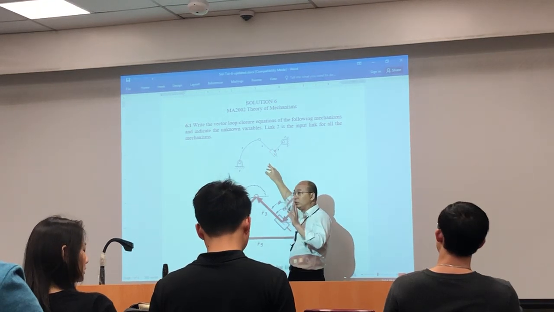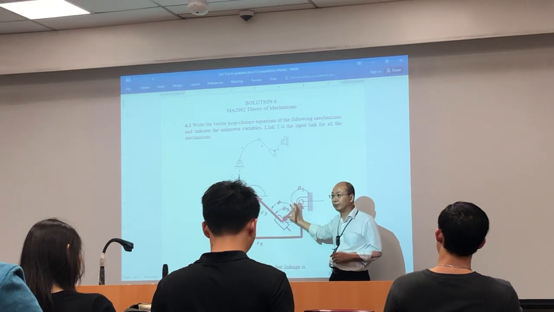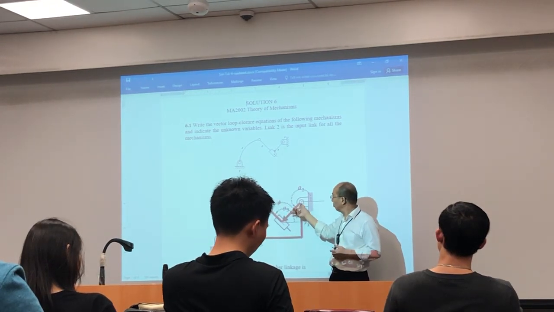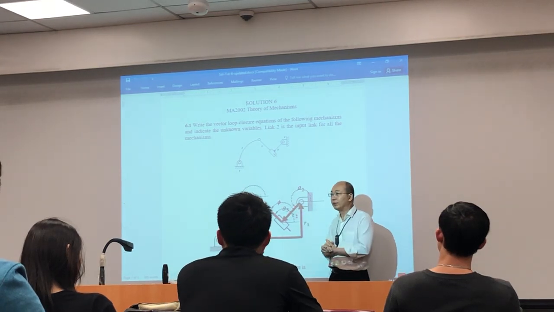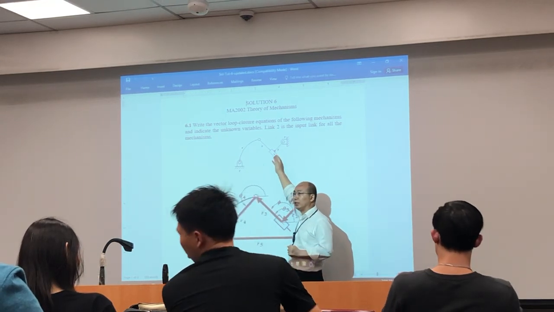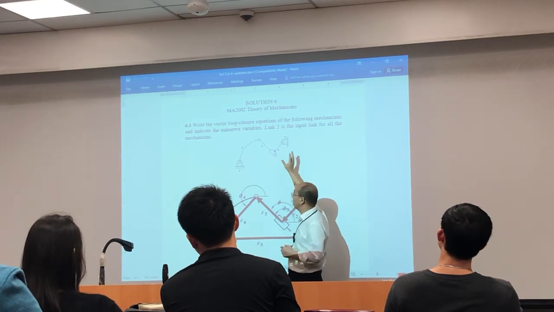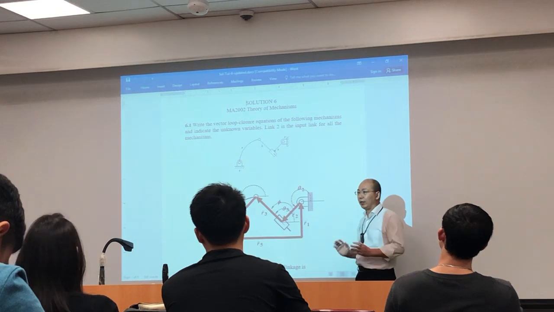We try to represent this link by a vector. We know a vector has both magnitude and orientation angle, direction. So basically, to determine the location of a link is the same thing. We need to know the magnitude and also the direction.